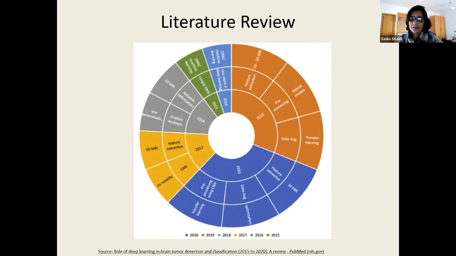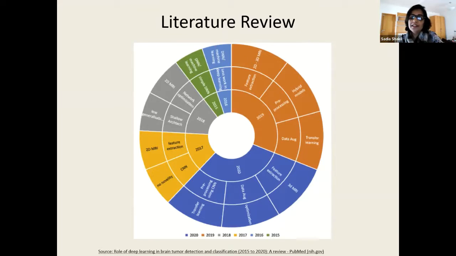Another issue was that because we didn't have the local data, we started to work on open access data. And with the open access data, it was difficult to find what question to answer, because when the data is open access, a lot of people are already working on that data.